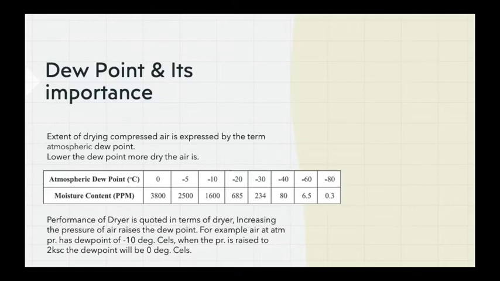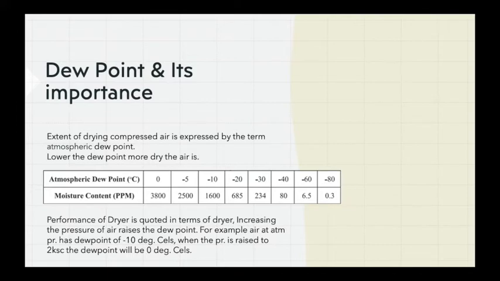At the same time, there are basically two types of dew point. One is called atmospheric dew point, another is called pressurized dew point. If I measure a dew point of any air and the person who is measuring it gives me minus 10 degrees Celsius, I ask him what is the reference, or what is the pressure at which we have measured it. If he says it's at atmospheric pressure, then I will tell him to give me the measurement at the pressure which is present in the system.